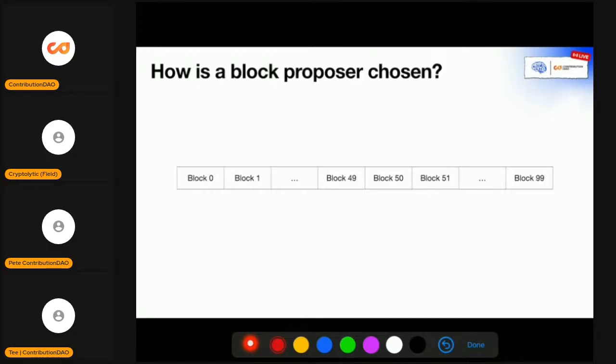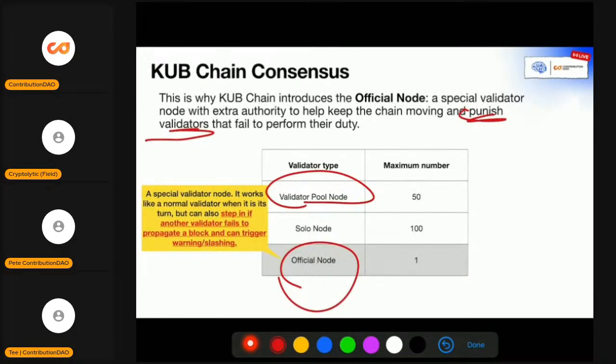But one thing I need to confirm from KUB Chain, it looks like a very basic concept, right? Any validator can be the proposer to send the new block to the other validators, and if the block doesn't have any conflict, they can move to the new block, right? Yes.